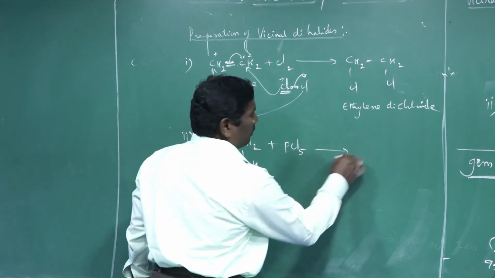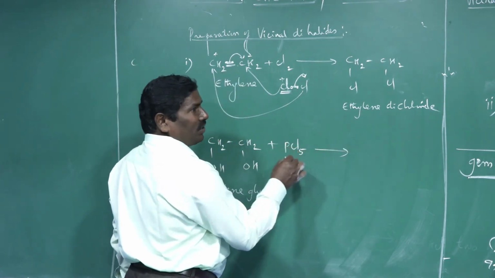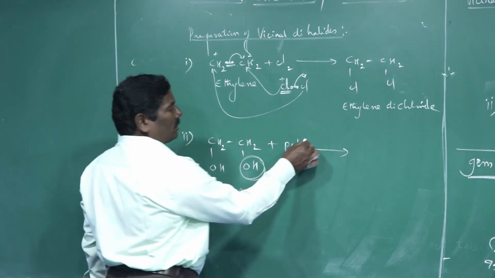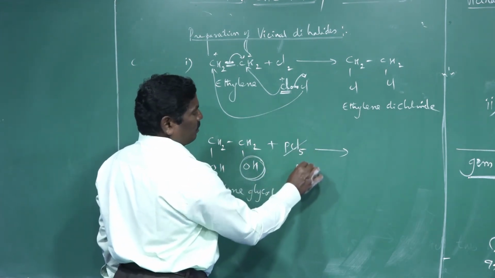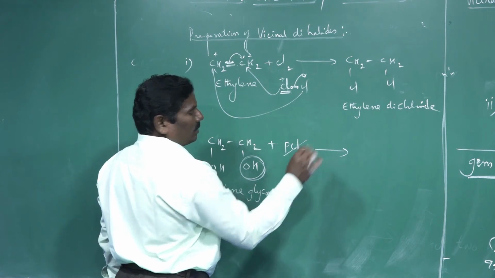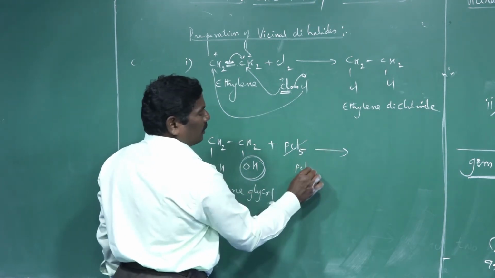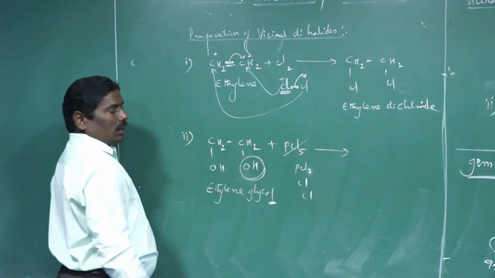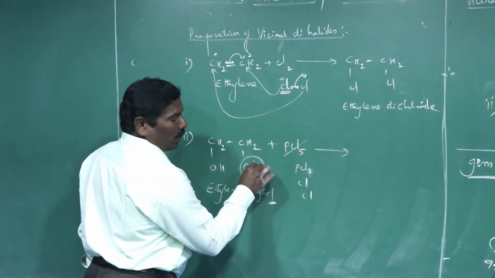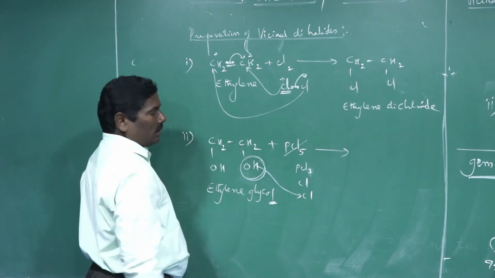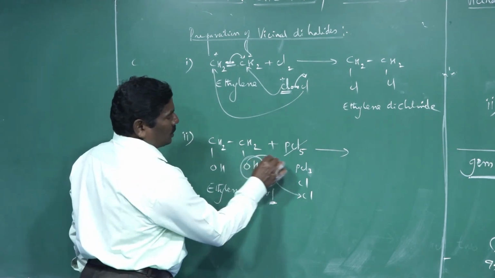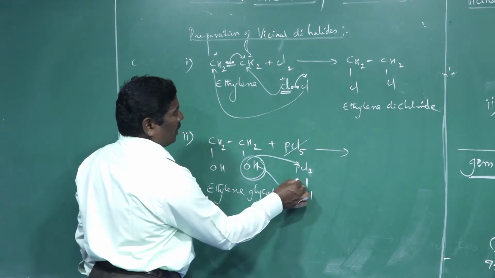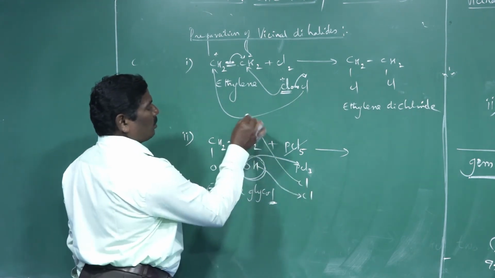PCl5 has the ability to remove the OH groups. You know that PCl5 can split into PCl3 and Cl and Cl. One chlorine approaches the hydrogen and the oxygen approaches the POCl3. Then the chlorine approaches the carbon.